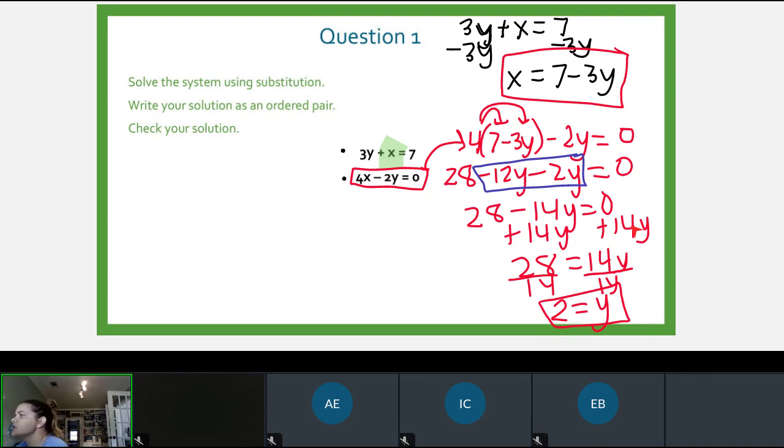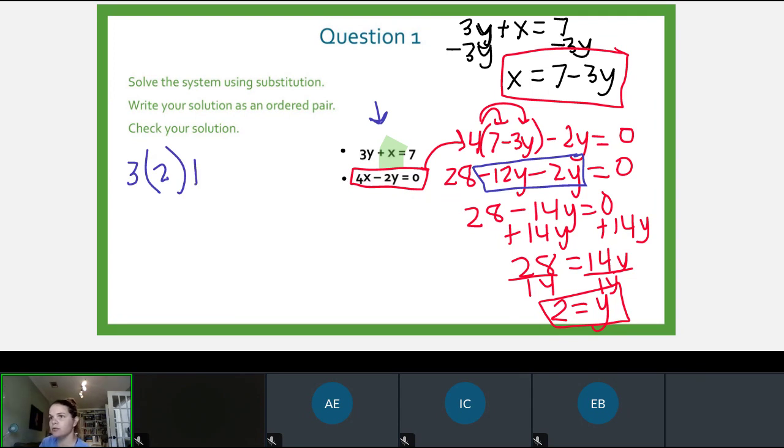But remember, we're not finished, okay? We need a value for x and a value for y. So the next thing we need to do is take this y value and plug it back in. I'm going to plug it in the top equation and solve for x. So 3 times 2, because instead of y, I know that y is the same thing as 2.